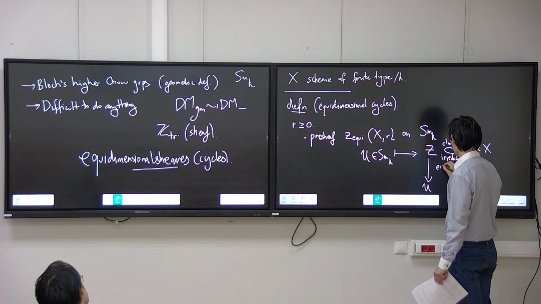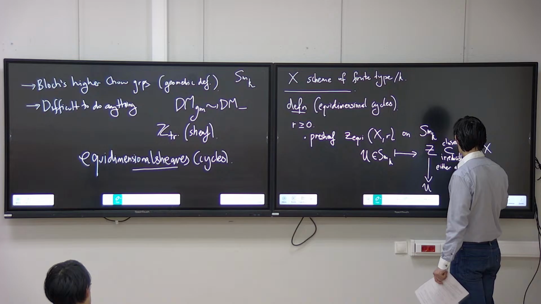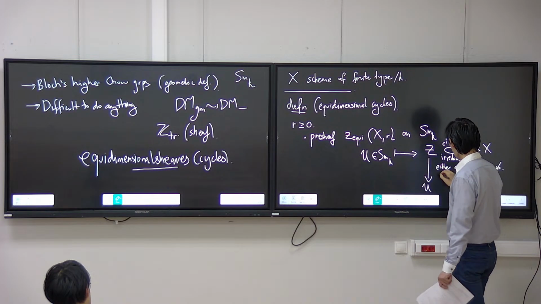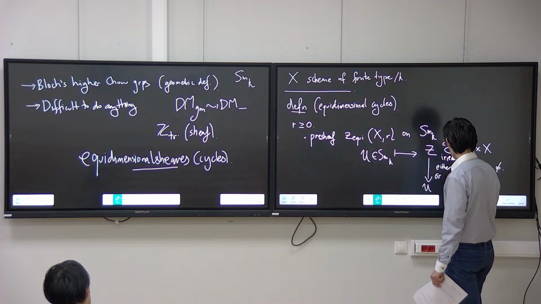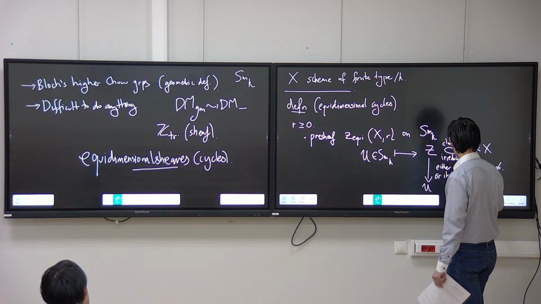Either all fibers are empty, or it is of dimension r.